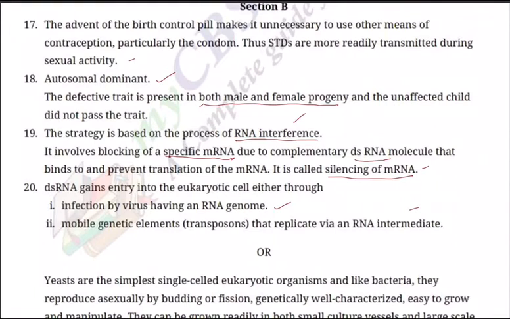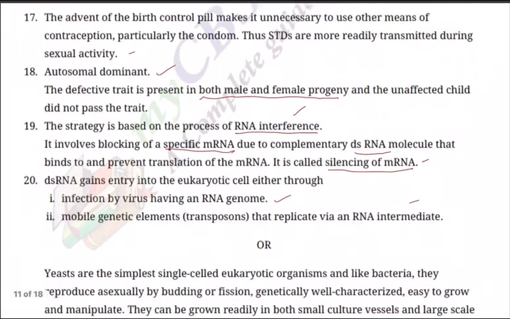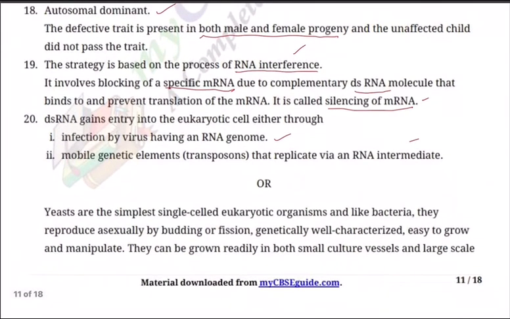Question number 20, the choice question. Why are yeasts used extensively for functional expression of eukaryotic genes? Now what is the answer? Yeasts are the simplest single-celled eukaryotic organisms, like bacteria.